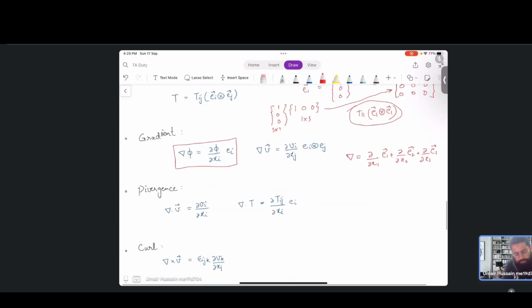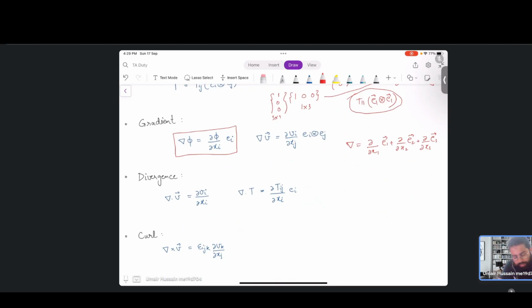Then we have divergence. The divergence of any quantity is the dot product with this del operator. This is known as the del operator. If we take the dot product with this del operator, then we're basically reducing the order of the tensor.